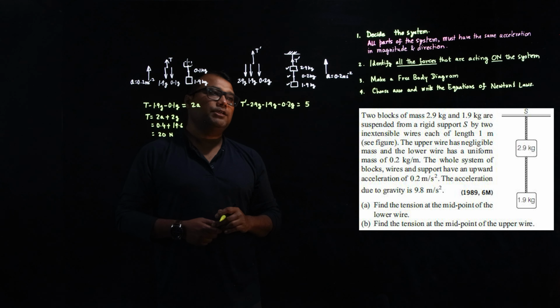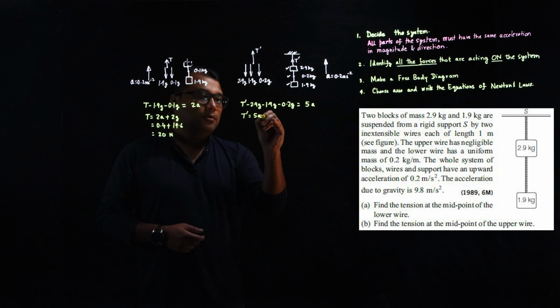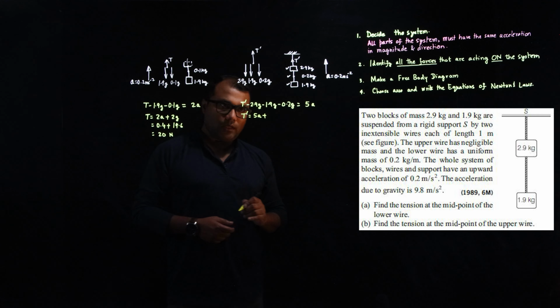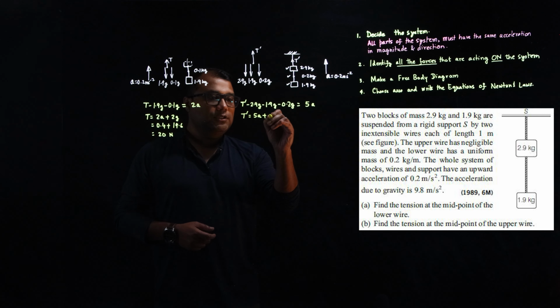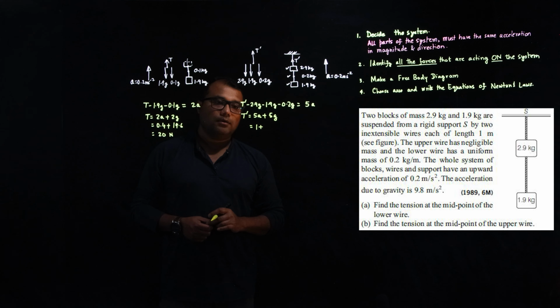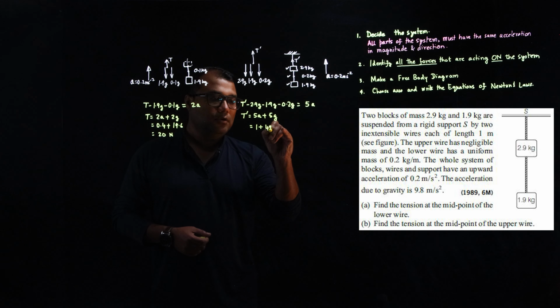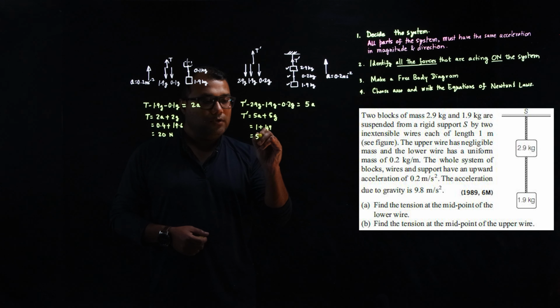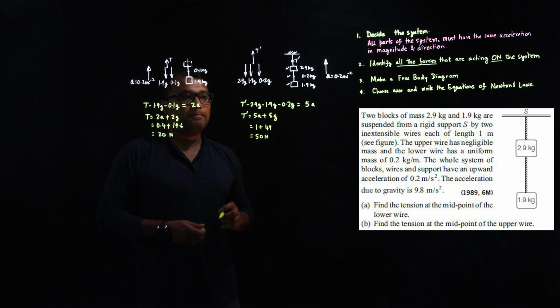So T dashed is 5a plus 5g, where 5a is 1 newton and 5g is 5 times 9.8, that is 49 newtons. So the answer is 50 newtons.